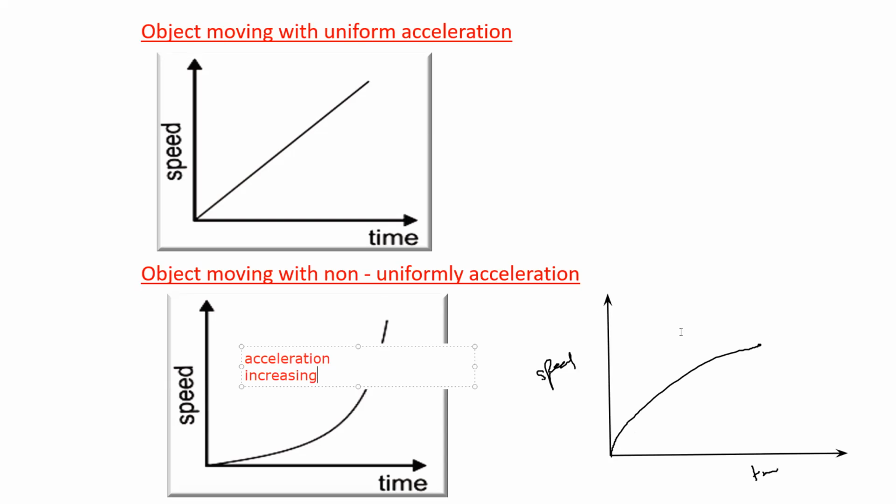And here this shows that acceleration is decreasing. So acceleration can be constant. If it is constant, then it will be a straight line with a constant slope. If acceleration is increasing, the slope will increase, and if acceleration is decreasing, the slope will decrease.